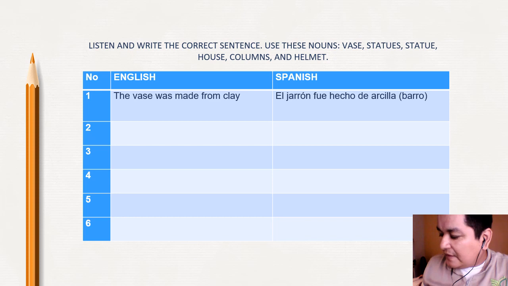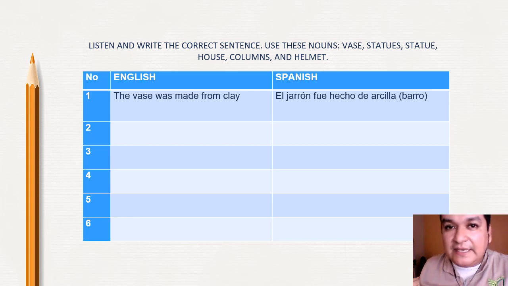Number 2. The statues were made of wood. I repeat. The statues were made of wood. Number 3. The statue is made of terracotta. 4.